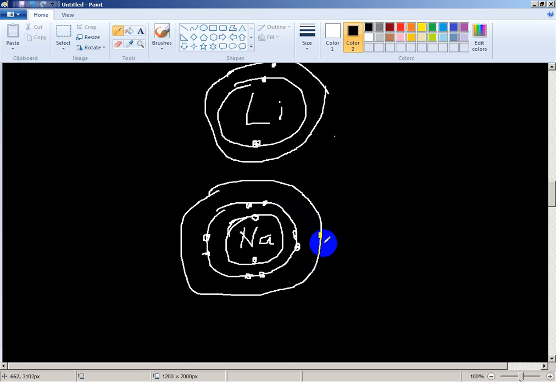If the shielding effect increases, ionization energy decreases because the electron can be removed easily.